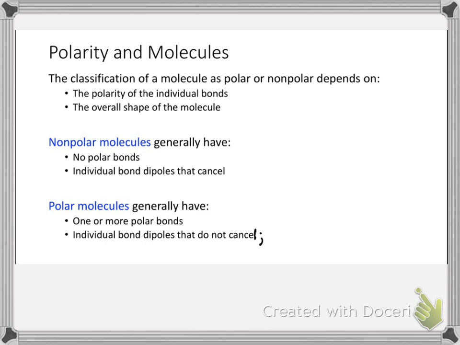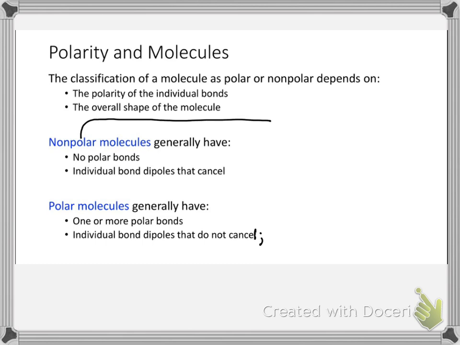I'm going to give you some questions you can ask yourself about Lewis structures to determine the polarity of a molecule. Now, before I do that, I want you to know that when we talk about molecules, the words polar and nonpolar really do mean the same thing as before.